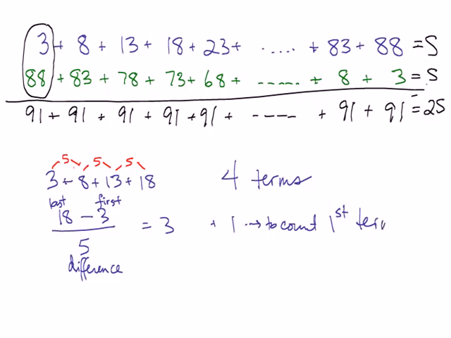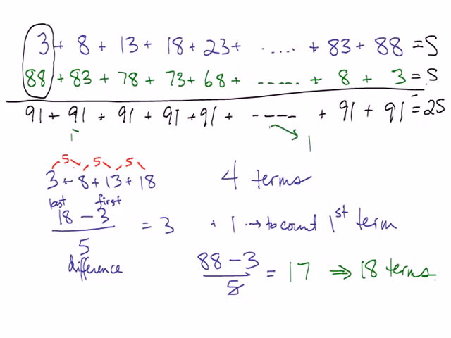So let's do that with the 88 and the 3. If I do 88 minus 3 divided by 5, that's 17. So I add 1 to get the number of terms, so that's 18 terms. That means, let's go back up to the 91s up here, that I've got 18 91s.